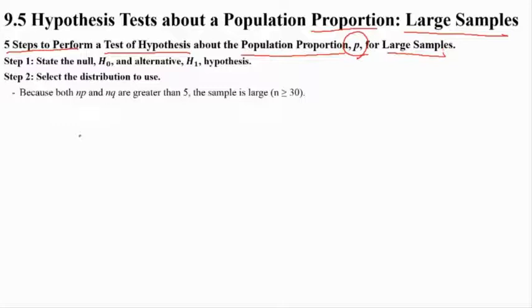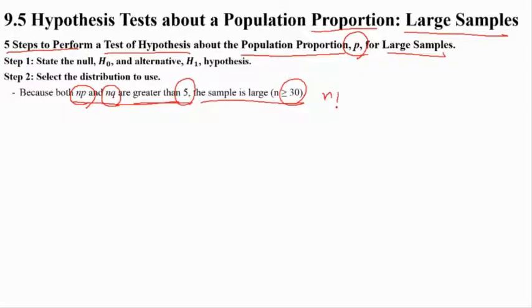First of all, satisfy np normal: the sample size times p, and q, which means 1 minus p, should each be greater than 5, and the sample size greater than 30. If less than 30, it is a small sample; greater than 30 we say large sample, right? So we should satisfy this condition for p.